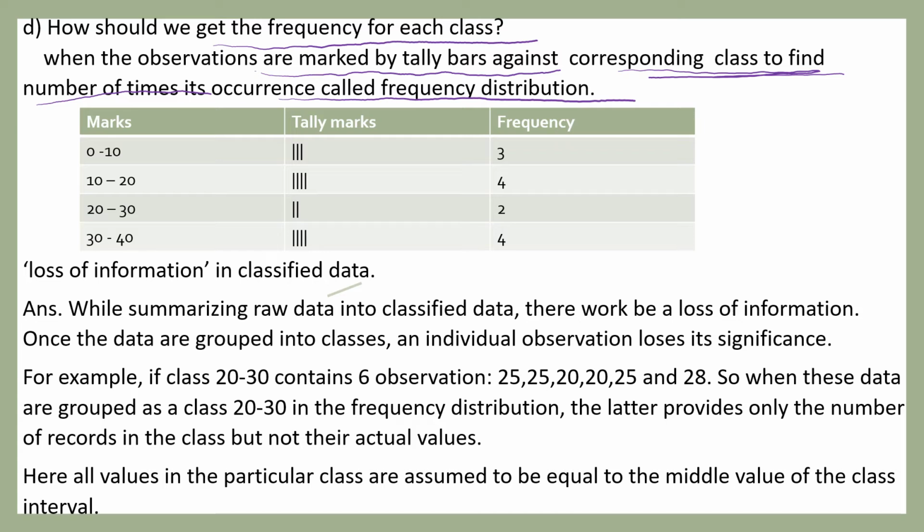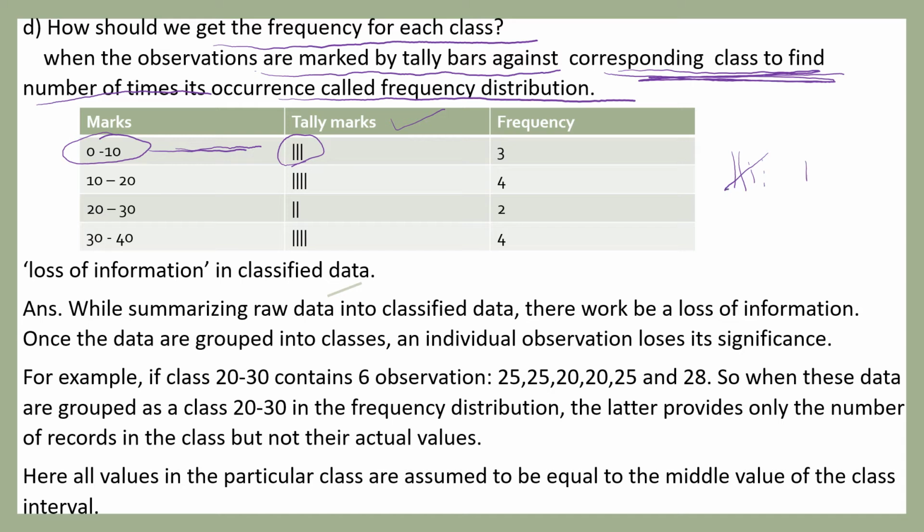What do you mean by frequency distribution? When the observations are marked by tally bars against the corresponding classes. Against this corresponding class, if you mark tally marks, how many times the observations between 0 to 10 occur is expressed in terms of tally bars. We will mark like this.